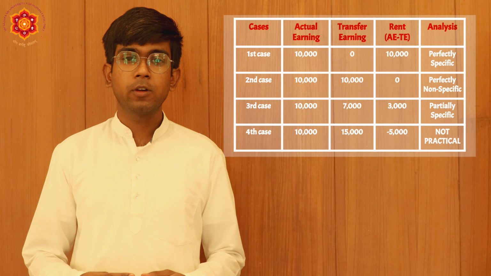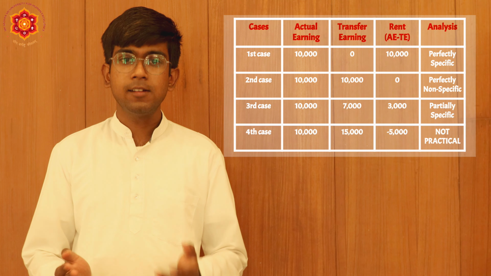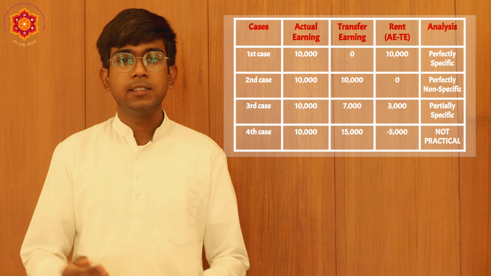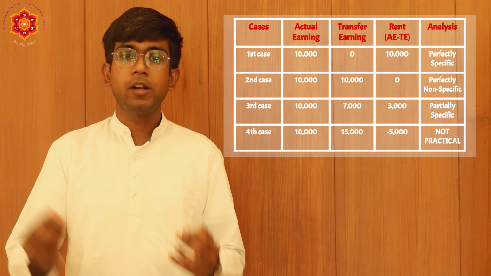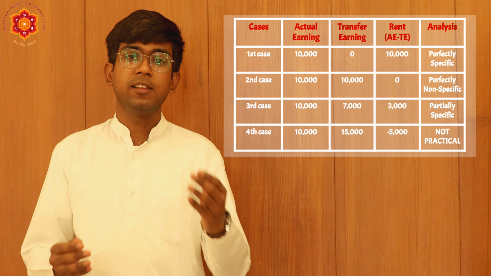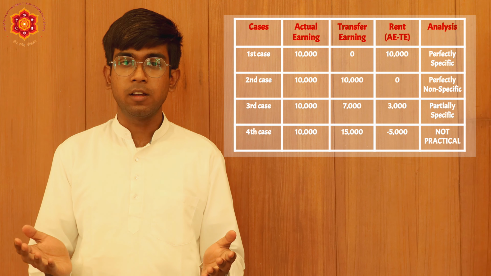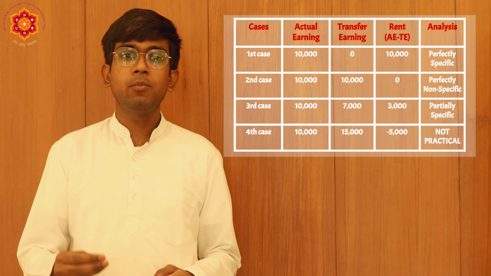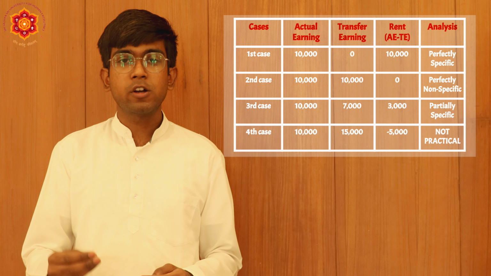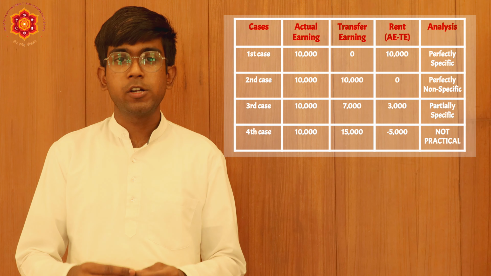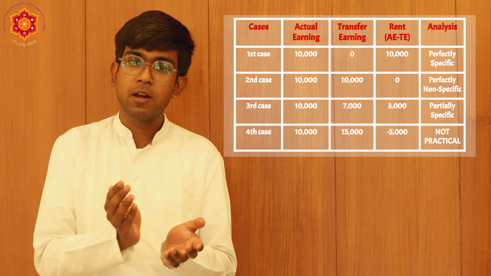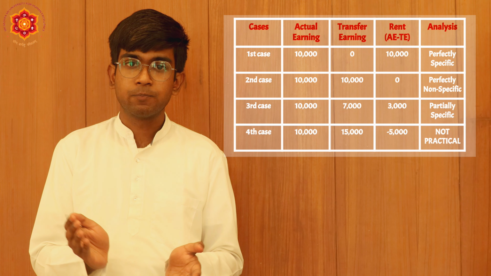Now, let us look into the second case. Here, the actual earning is 10,000 and the transfer earning is 10,000 as well. So, the rent, which is the difference between the actual earning and the transfer earning, is 0. This case is an example of a perfectly non-specific factor of production, which means that the employee can shift to any job whenever he wants.